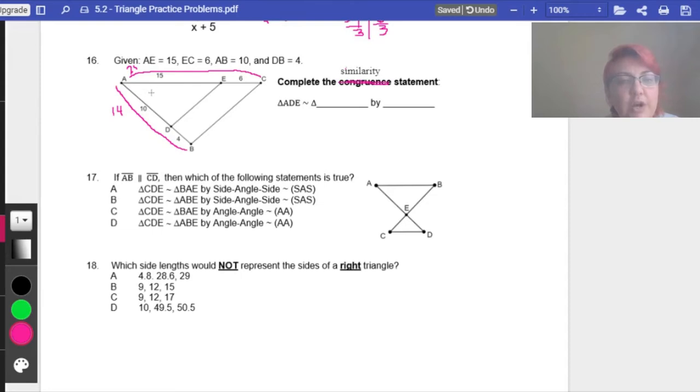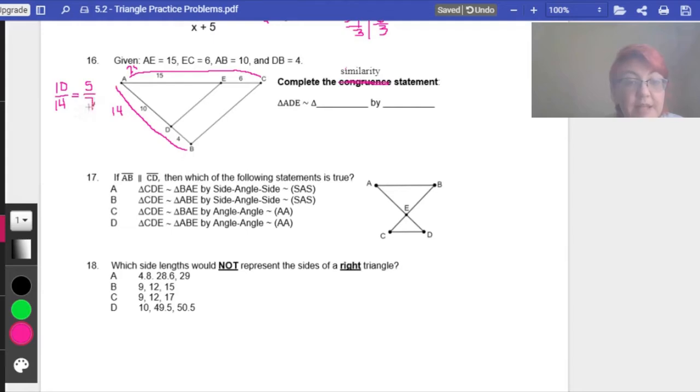I'm going to put the small triangle on top and the large one on bottom. And when you're doing this, look to match small over small and large over large. So here, of the two sides I have, 10 is smaller over, and for the large triangle of the sides I have, 14 is smaller. Well, both of those divide by 2, so I get 5 over 7.